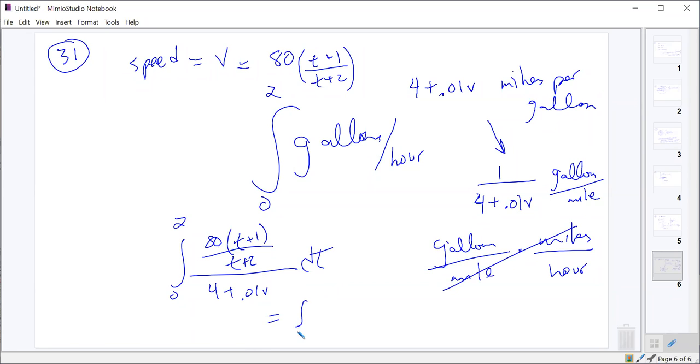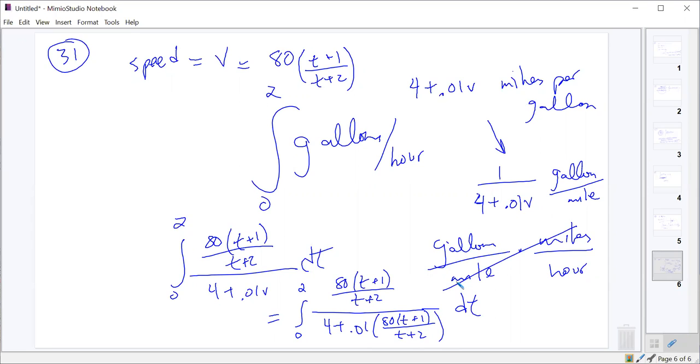So we'll end up with an integral from 0 to 2 of 80 times t plus 1 over t plus 2 all over 4 plus 1/100th of 80 times t plus 1 over t plus 2. And this will all simplify down a little bit if you want to, or you can just integrate that on your calculator.